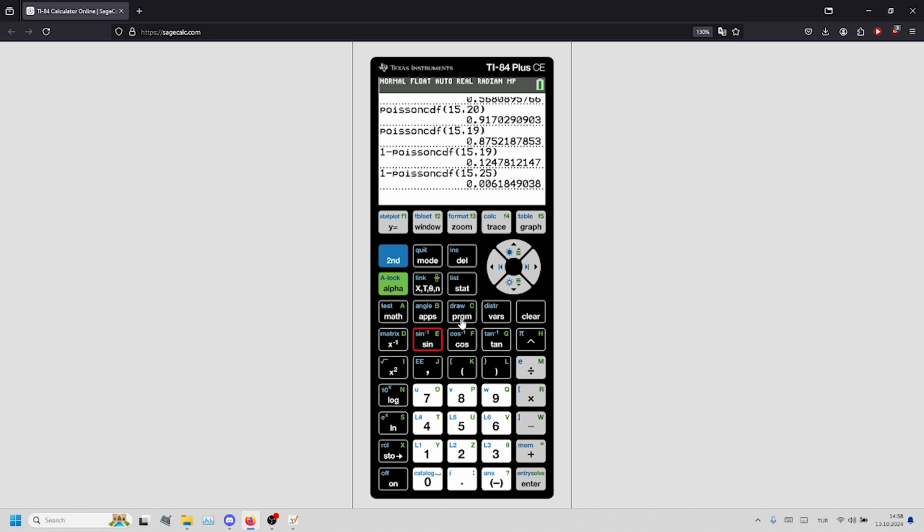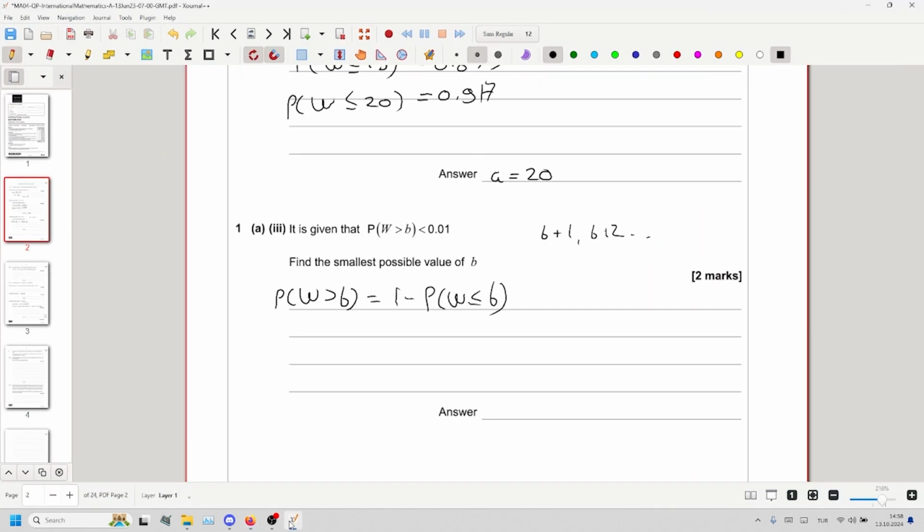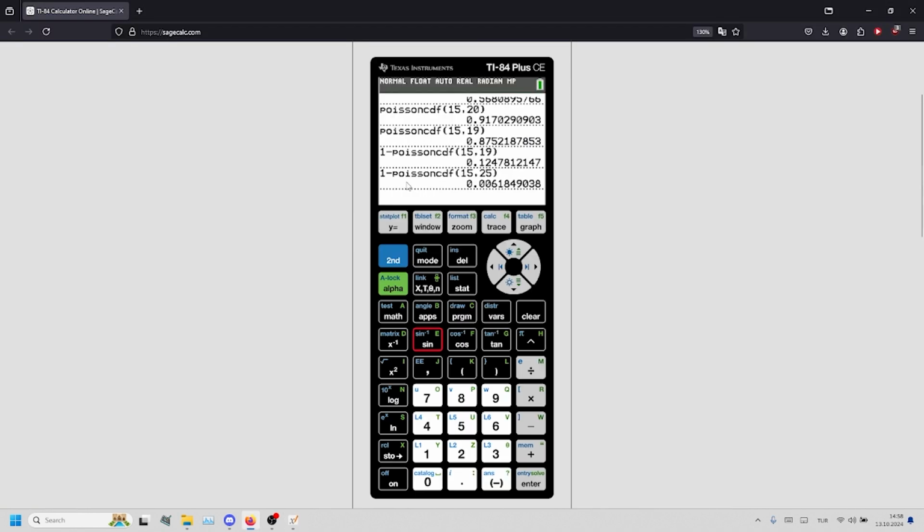That's 0.006, which is way too small. So let us test something like 22.